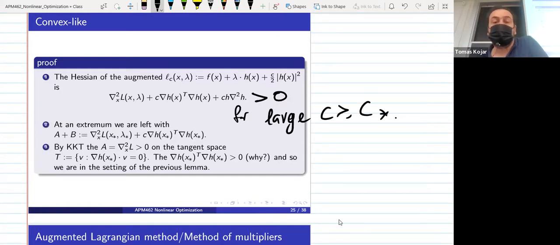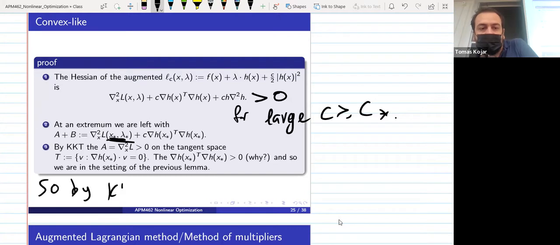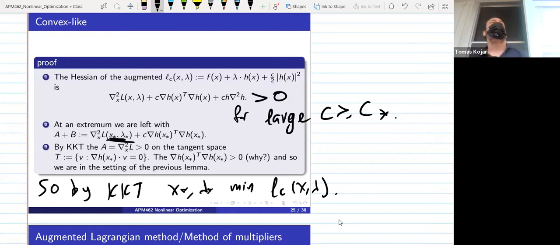And so that means that x star, lambda star are minimizers by KKT. So by KKT, x star, lambda star minimize L_c, the augmented Lagrangian.